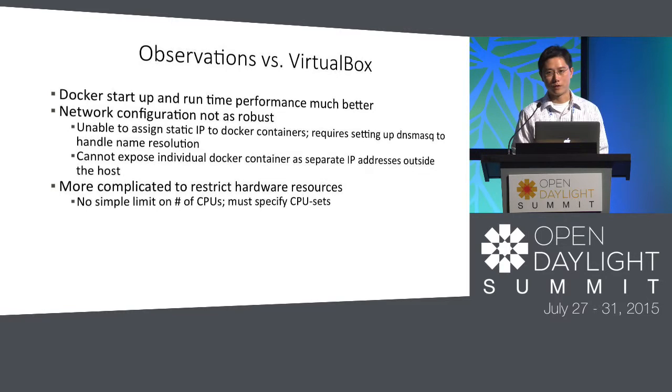So if you have 20 cores on your machine, it's not as easy to say, okay, I only want you to use just a single core. The closest I could find in Docker is this concept called CPU sets, where you explicitly enumerate the cores of the host machine that you want each container to use. So if that works for you, then great. Otherwise, it's a little bit more restricting.